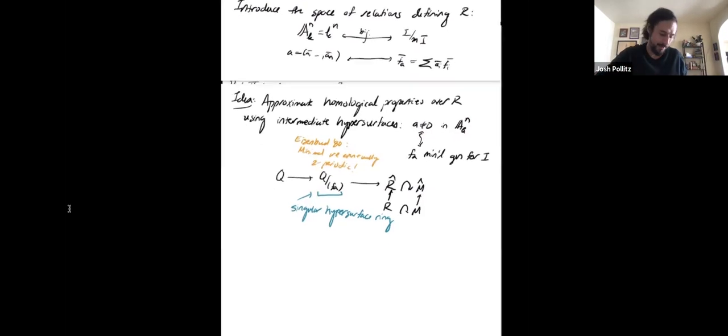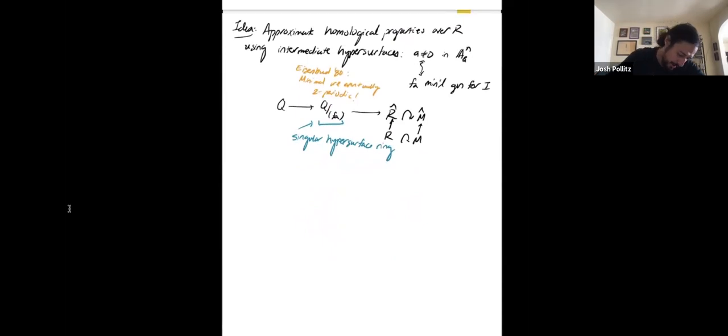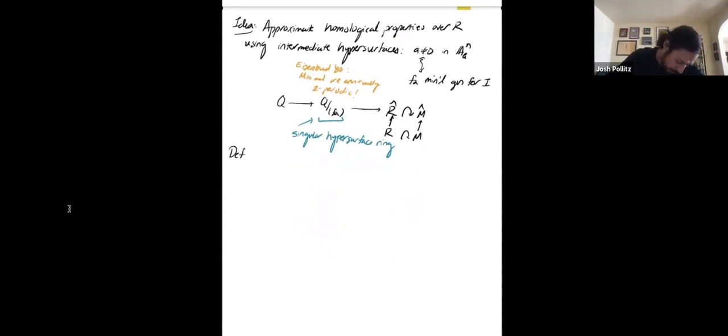So now let me give you the definition, and then, like I said, I'll do examples for sure. All right, so the definition. The cohomological support variety of M, and maybe I'll assume it's non-zero, I'll denote it like we did before: V_R(M).